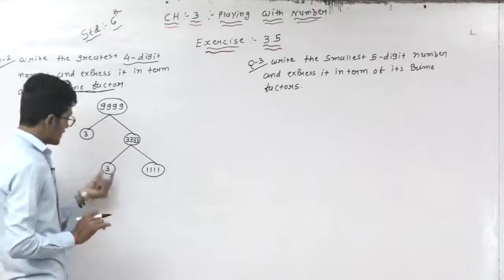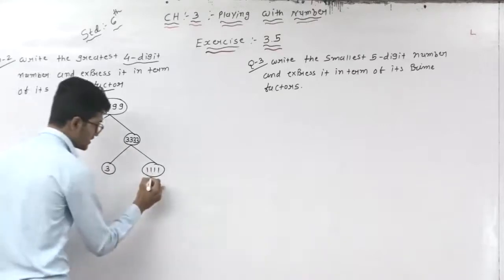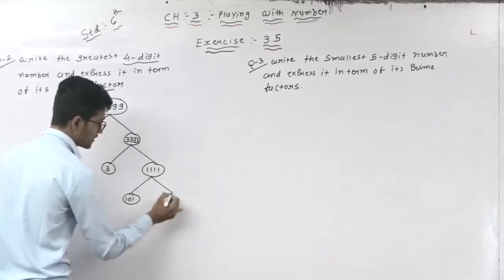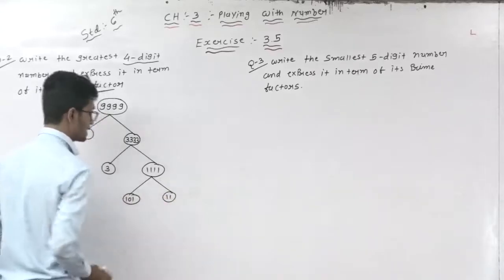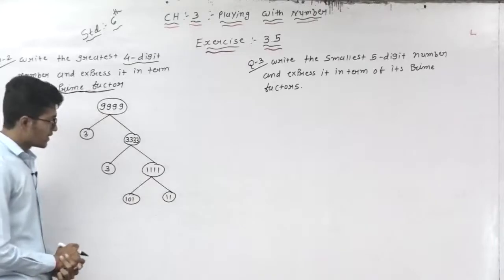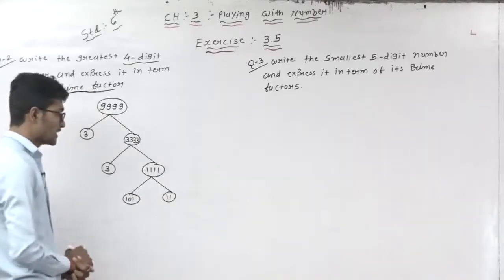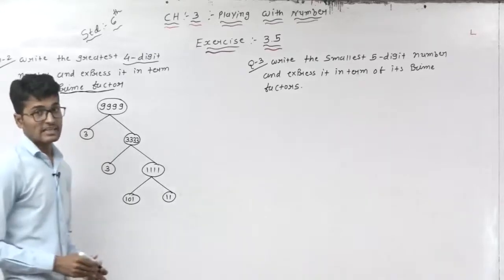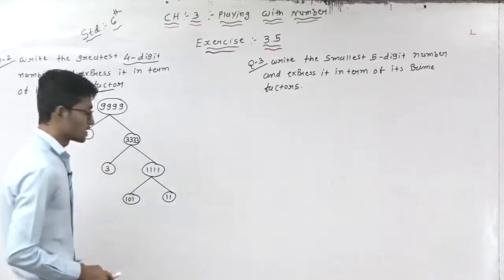Clear? Now this factor is not possible, but this one has factors: 101 multiplied by 11. 101 multiplied by 11 means 1111. Okay? Clear?